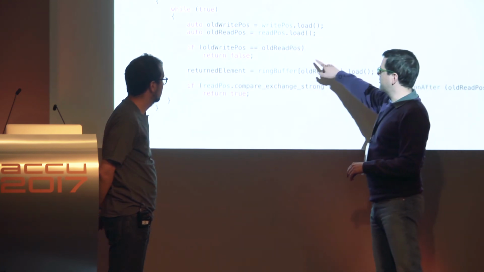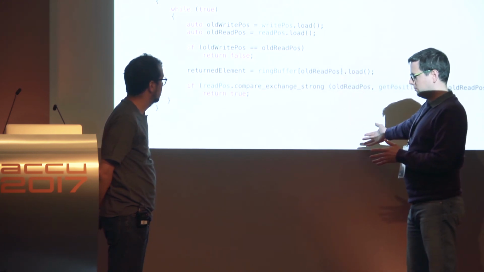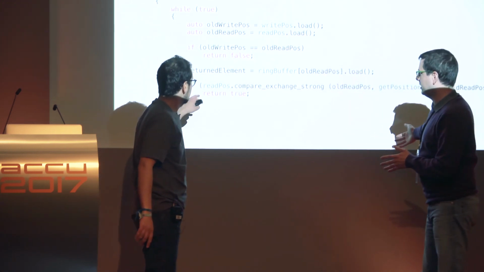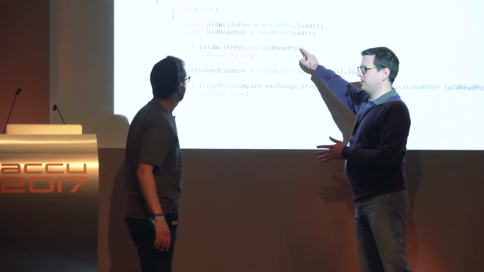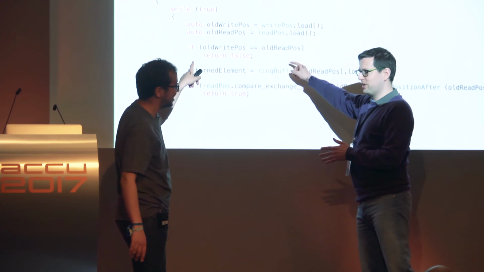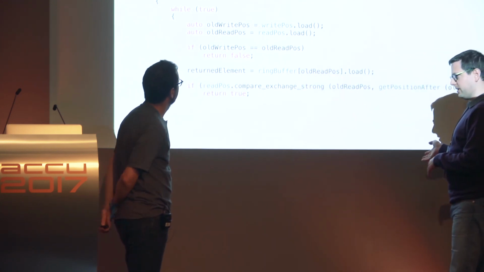And then it happens to be the same as the old write position, but the write position has advanced in the meantime, right? And then you pretend the queue's empty, and let's not do anything, but actually there are elements in it.